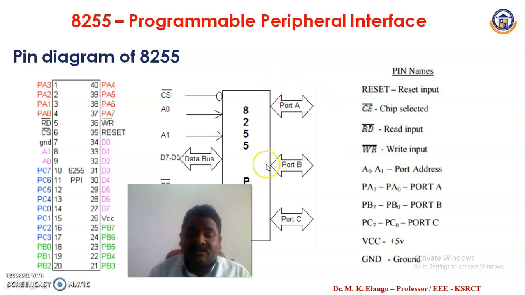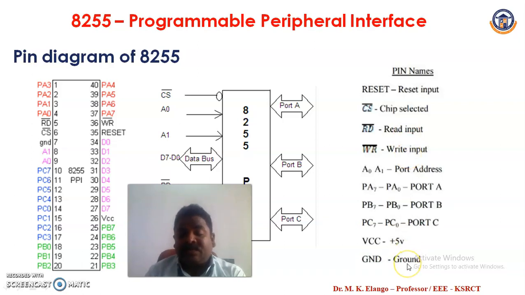Here 3 ports are available, port A, port B, port C. So the microprocessor is going to select which port is going to be activated for data transfer, right? For that, address lines A0, A1 are used: 00, 01, 10. By this combination, ports are selected. The chip select signal is used to select the particular 8255, and read bar, write bar signals are used for the read operation and the write operation.